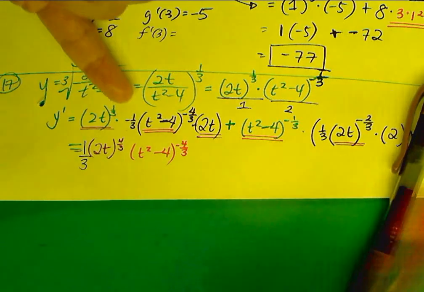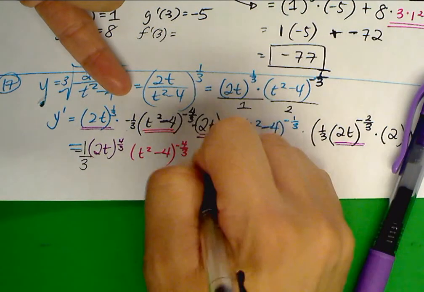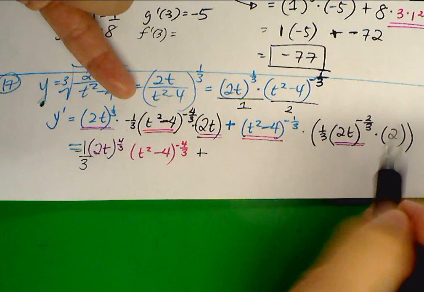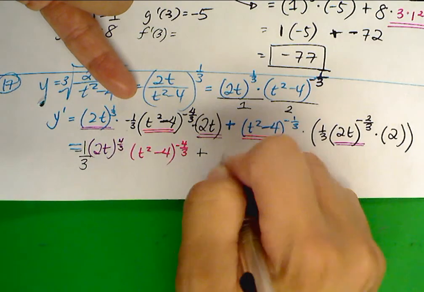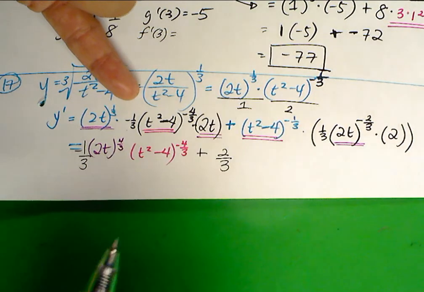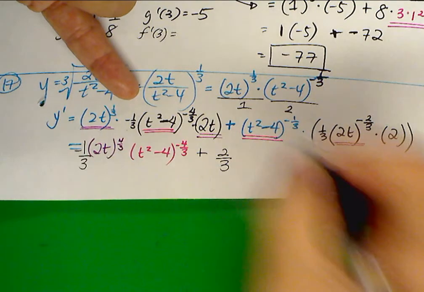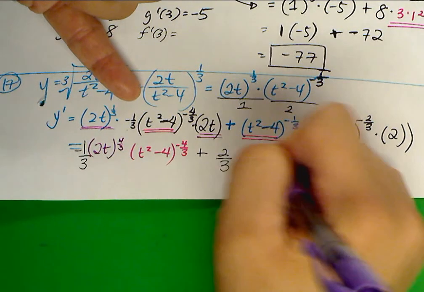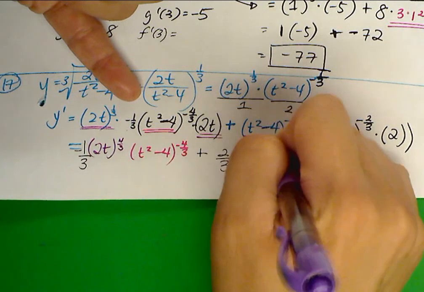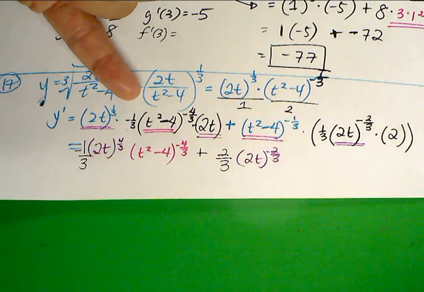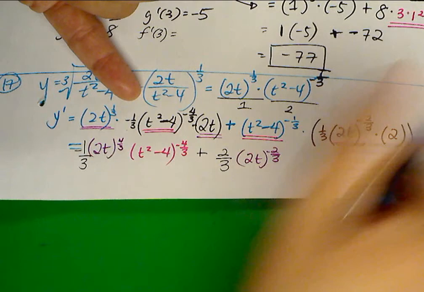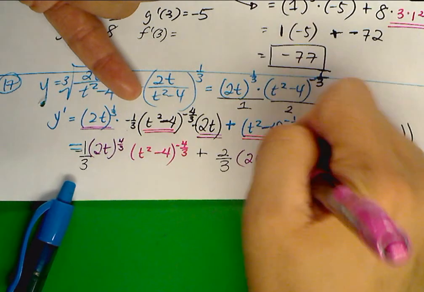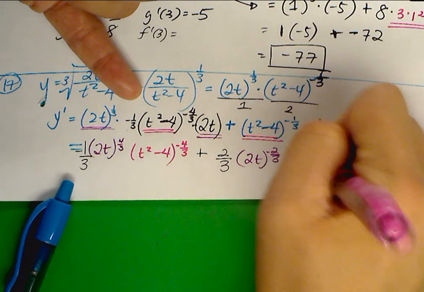Okay, plus we have 2/3 here. And then we have, it's not negative, is it? No, I don't think so. 2t to the negative 2/3 times t squared minus 4 to the negative 1/3.